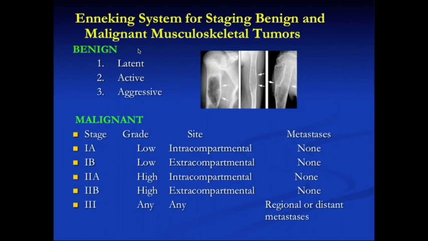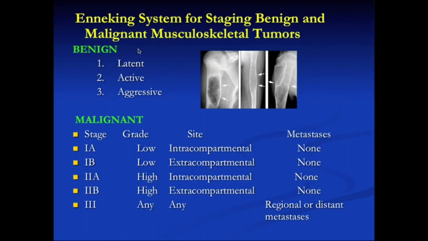So a stage 2 becomes a high-grade tumor, and again it is divided into intra and extracompartmental. And any type of the above tumors, if they have a metastasis, they fall into a stage 3. So as we go from stage 1 to stage 3, the prognosis of survival of the patient falls, and that is how our treatment gets individualized and modified.